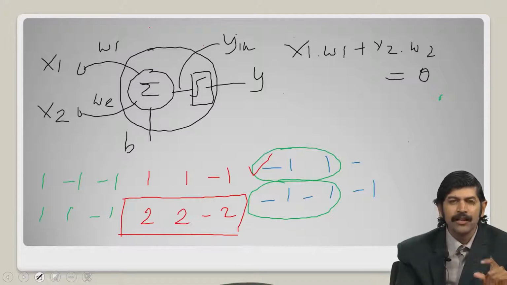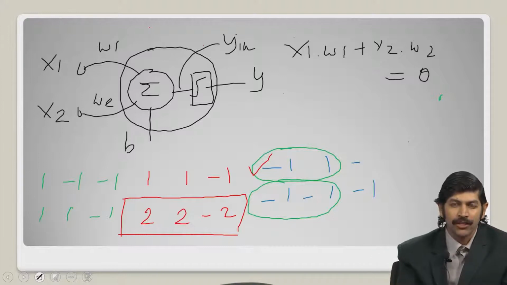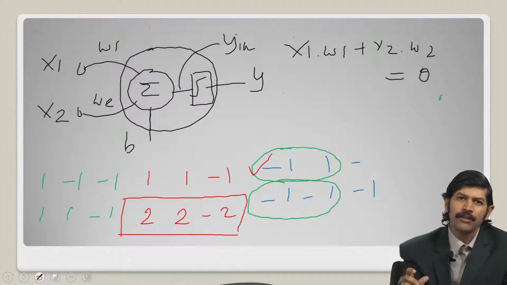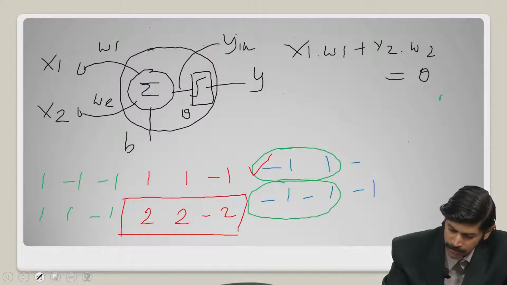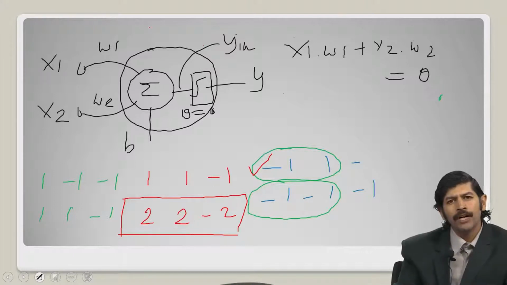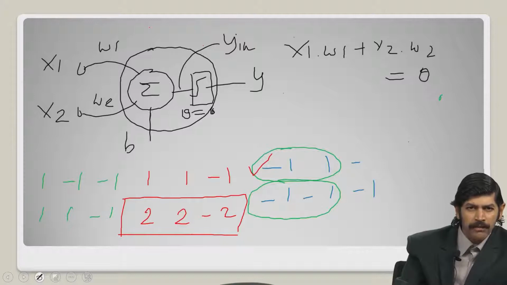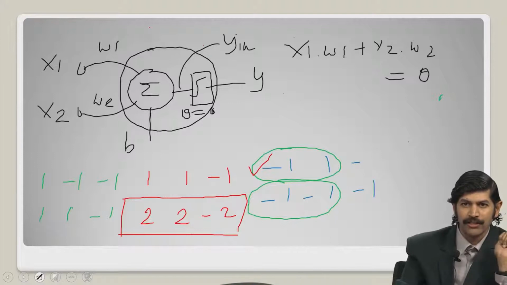So I want to create a block of my activation function, in fact different blocks with different activation functions, and once I say that this particular block is for a threshold kind of an activation function and the threshold value is set to 0, then nothing is going to change. All that I have to ensure is this bias term is equal to minus of theta value that I want to propose originally, and that will ensure that it is getting equated with that specific actual threshold value that we intend to push.